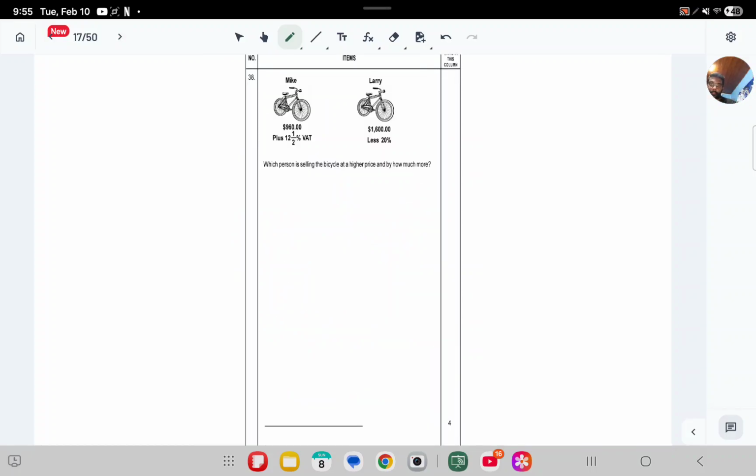Number 38, we have which person is selling the bicycle at a higher price and by how much more. So we have Mike, we have Larry, with Mike adding VAT, Larry giving a discount. So first we need to find out the cost of the bike by each person.